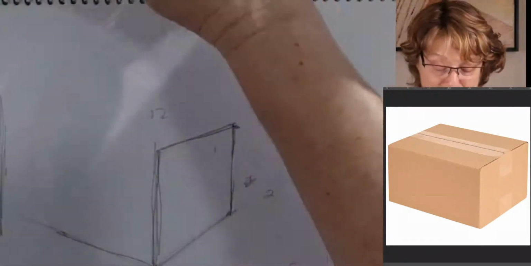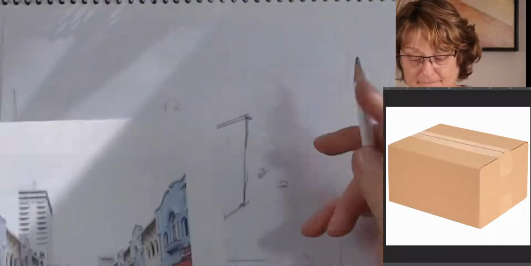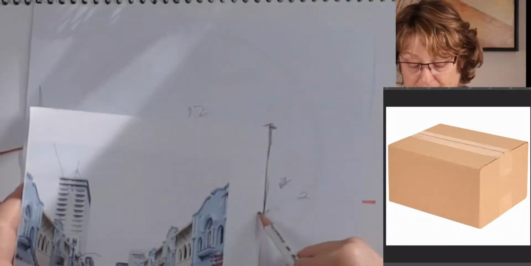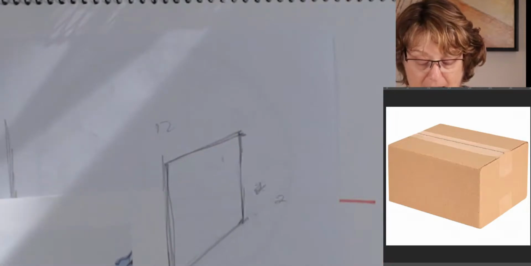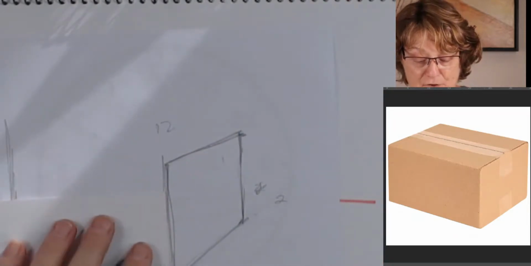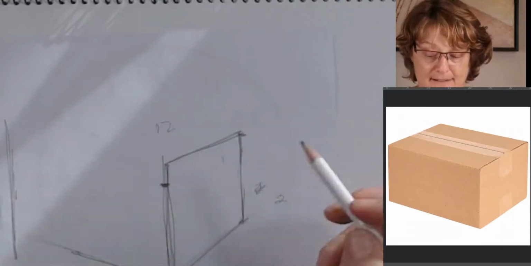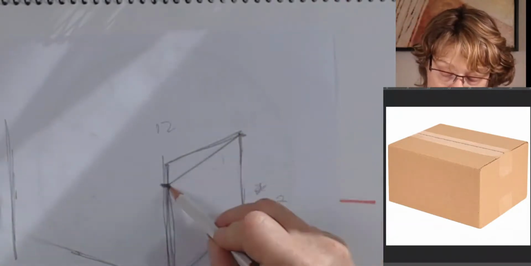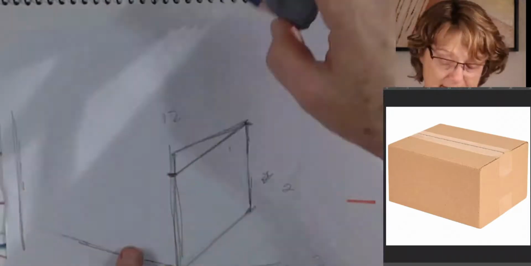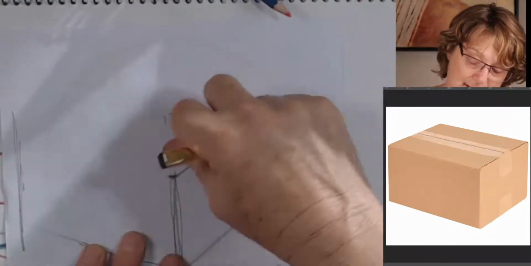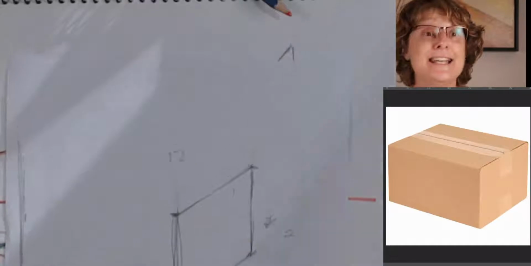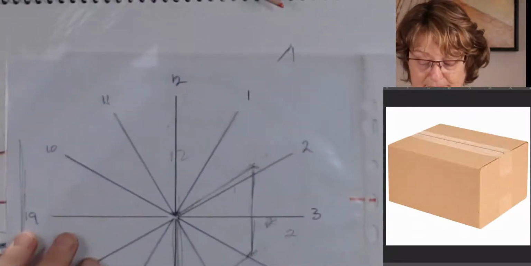So now if I go back to my drawing, that's 1. Can you see I made it way too big? 1 and a smidge should be there. Now, if I do that, let's see if that's 2 o'clock.